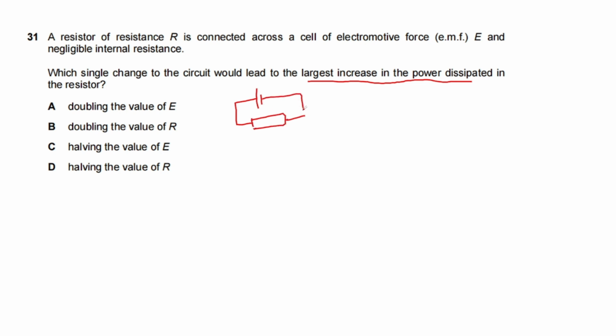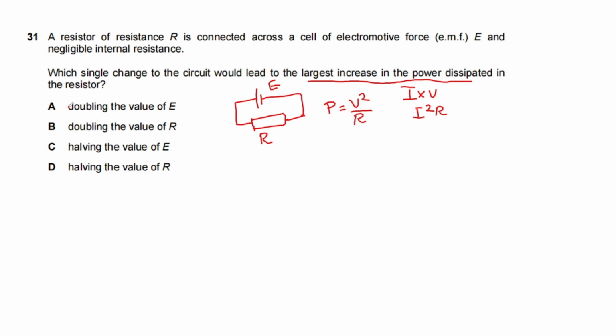So the whole E value, this EMF, is passing through this resistor. The power equation is V square over R. We actually have 3 forms of this equation: P is equal to V square over R, P is equal to I times V, and P is equal to I square R. So these are the 3 equations that we could use, but here I am using the first one to explain it.